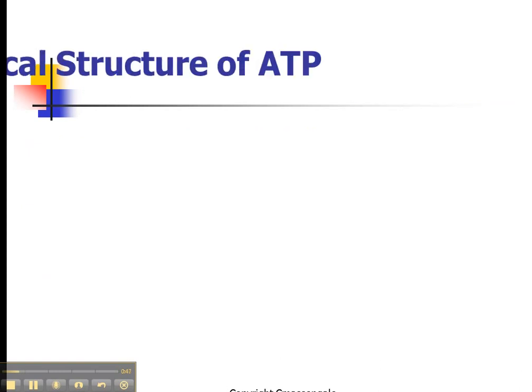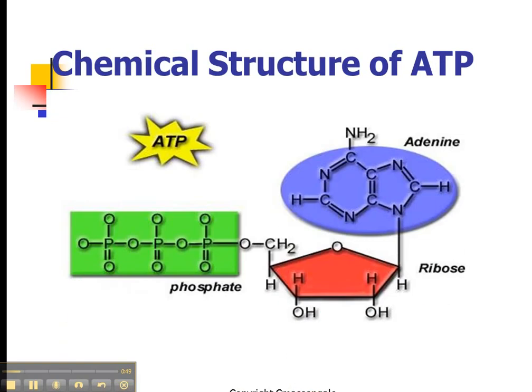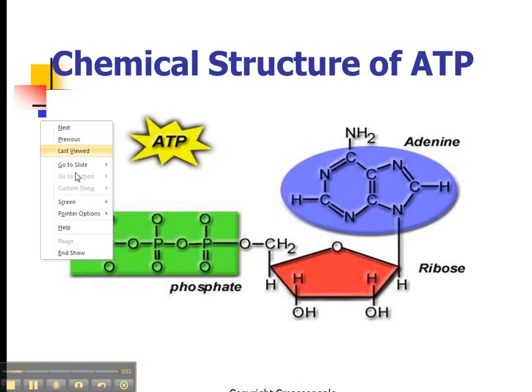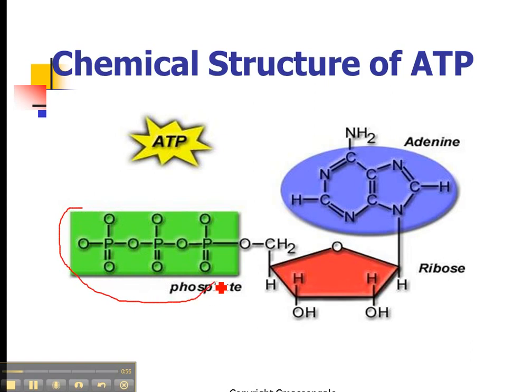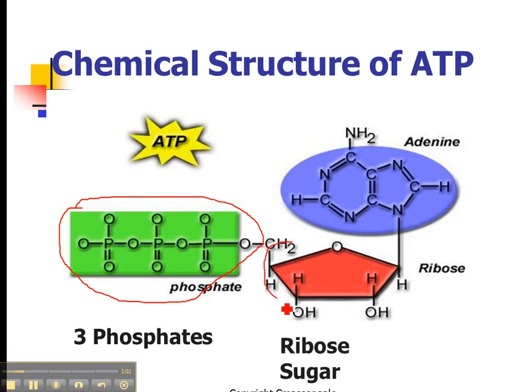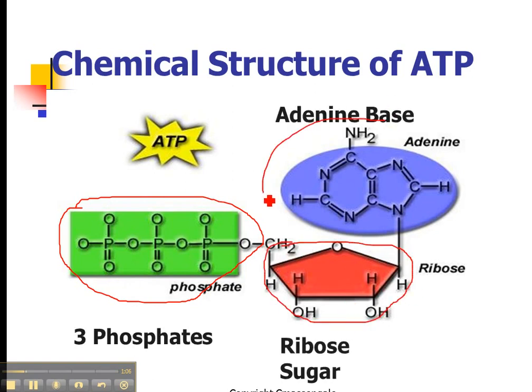So the chemical structure of ATP, what it actually looks like, is you have 3 phosphate bonds. These should look familiar from your functional groups back in our macromolecules. It has a ribose sugar found in RNA as well, and an adenosine base. This is one of the bases found in DNA and RNA, the A, T, C, and G.